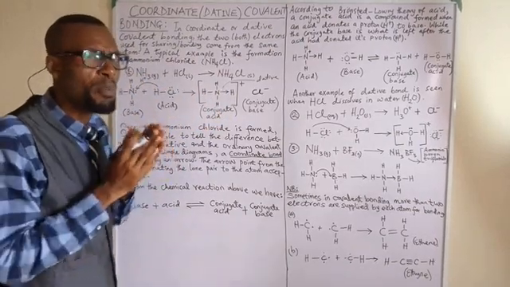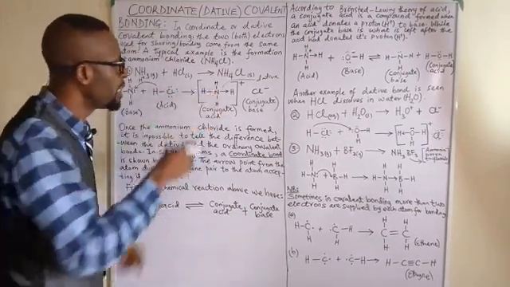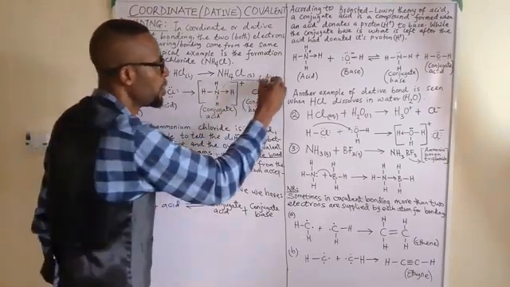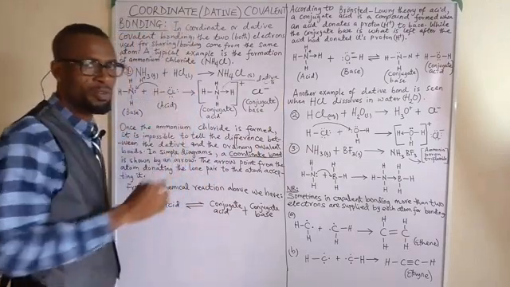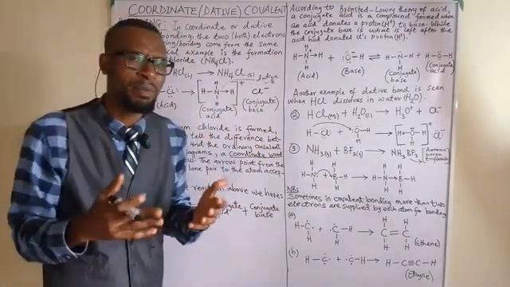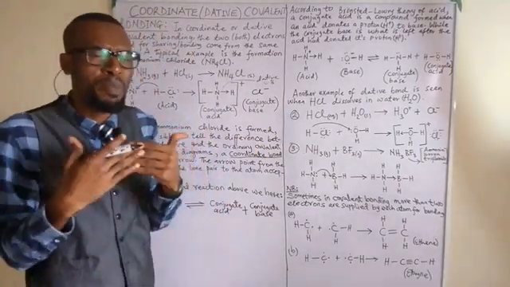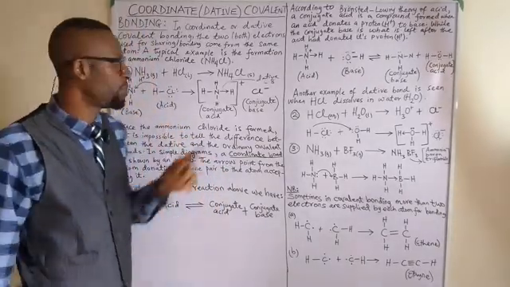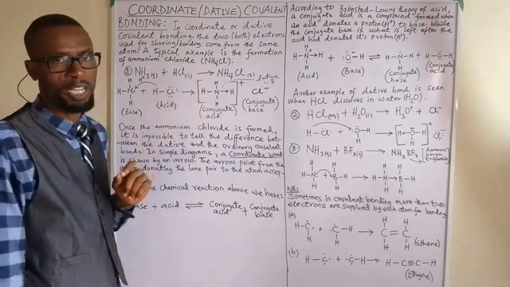But because that lone pair is only from nitrogen, the covalent bond is known as a dative covalent bond, or you call it a coordinate covalent bond, a kind of covalent bonding where the two bonding or shared pair is supplied by only one atom, in which case nitrogen from ammonia.